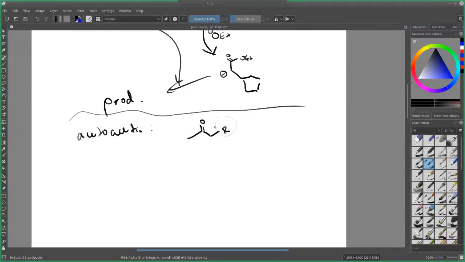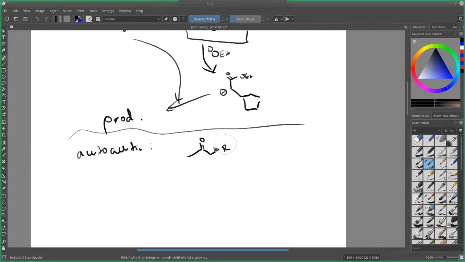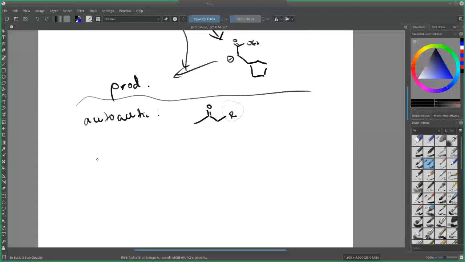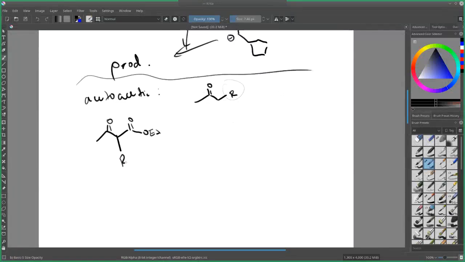Particularly because, even if we don't do that heating step and we keep the rest of this on, then we get this as our product.